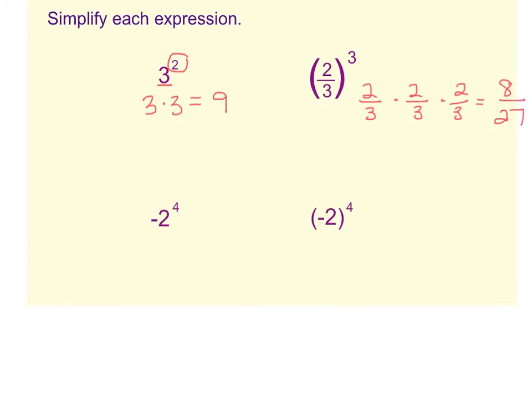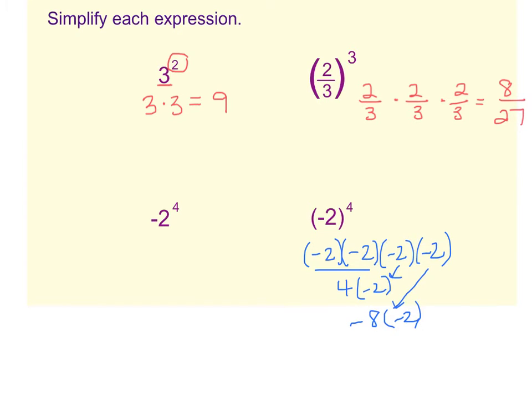So that tells us that you're going to take a -2 and multiply 4 of them. I'll go left to right. -2 times -2 is 4. Times that -2 right there is a -8. Times this -2 is a +16. Seeing we got a positive answer.